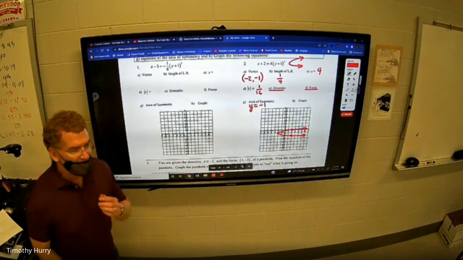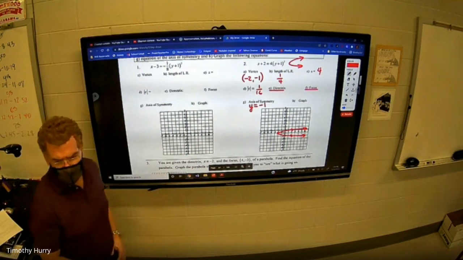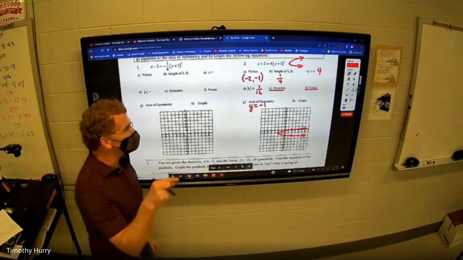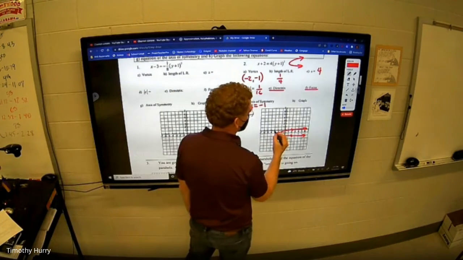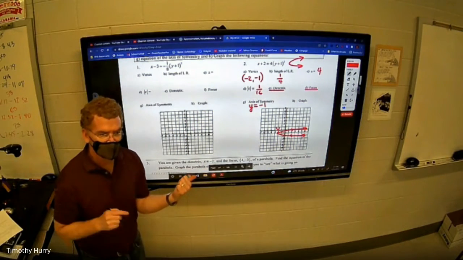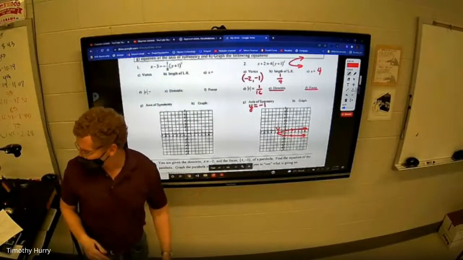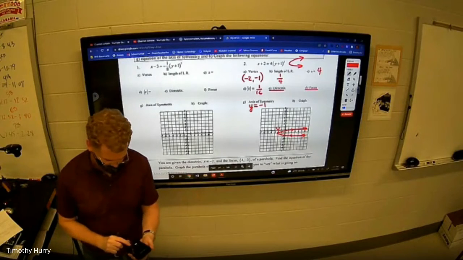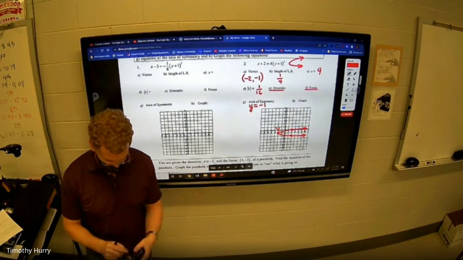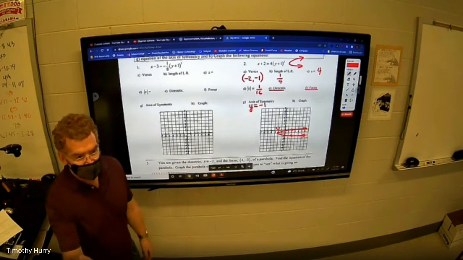Now, if you're asked to find the directrix and the focus, you still got to do it. So I want you to think with me. I'm going to do focus first. Where is the focus with respect to the vertex? Right, left, up, or down? Right.